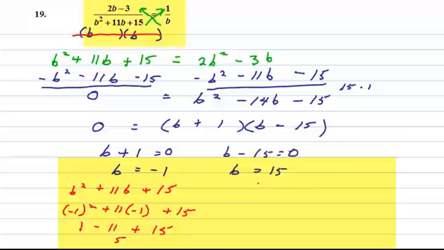Now let's plug in 15. So we get 15 squared plus 11 times 15 plus 15. Well, that's 225. And let's see, 11 times 15 gives me 165.